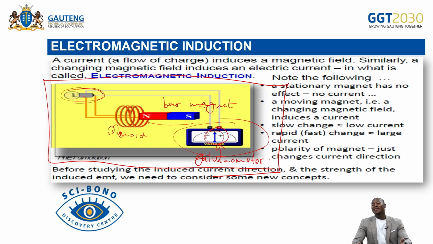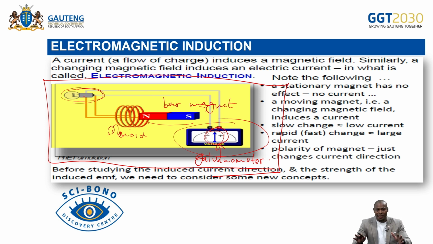So one of the things that they will ask you is what can be done for the galvanometer to deflect more, or in other words, what can be done to increase the amount of current that is induced in this coil?